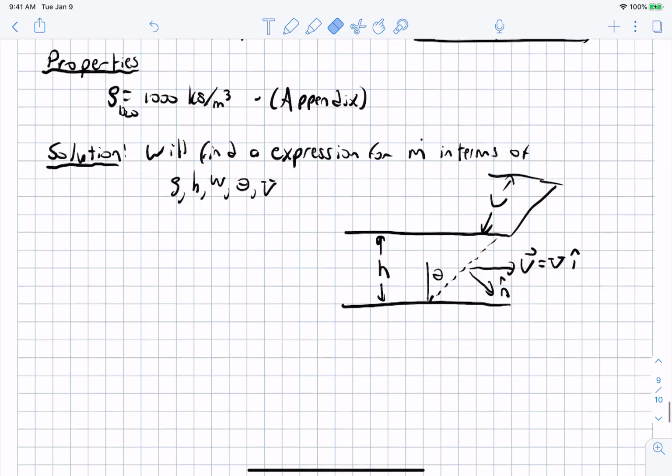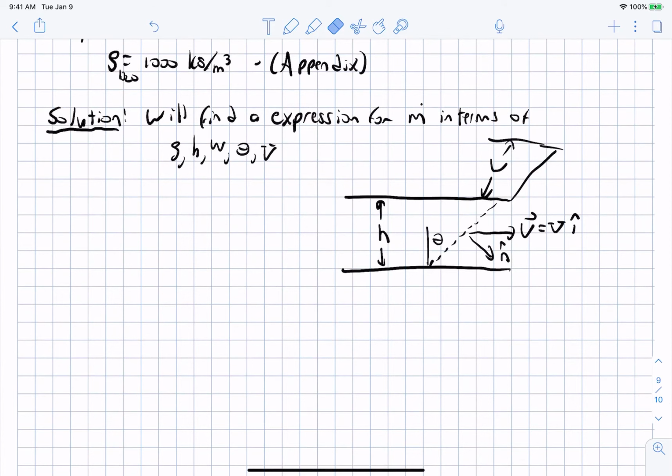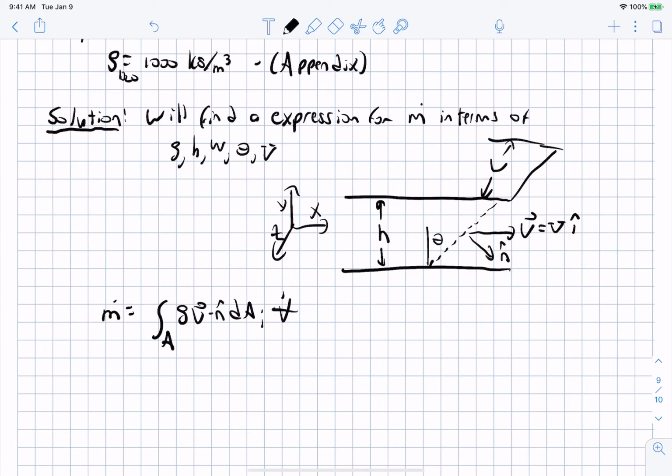I'll draw XYZ again. To find m dot, we need the surface integral of rho v dot n hat dA, and the volumetric flow rate is equal to the surface integral of v dot n hat dA.